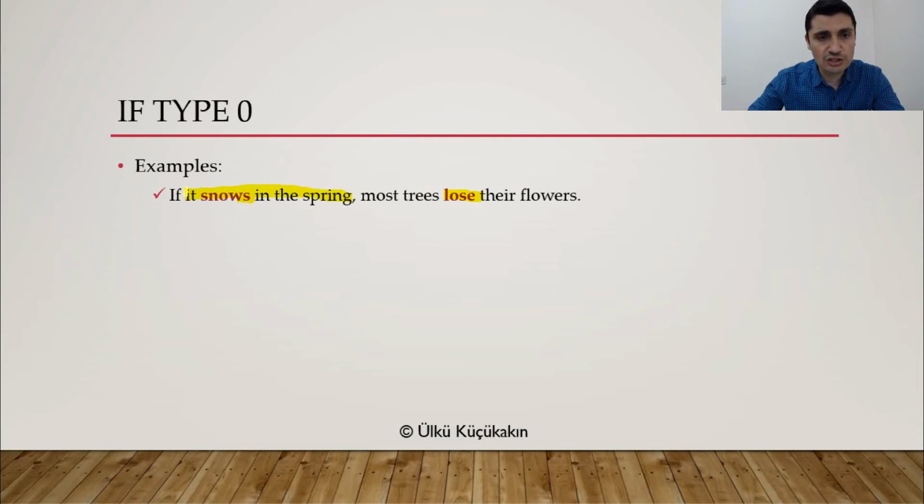What is our condition? If it snows in the spring. What is the result? Most trees lose their flowers. So first comes if, you have a condition, and in your main clause, you have the result.